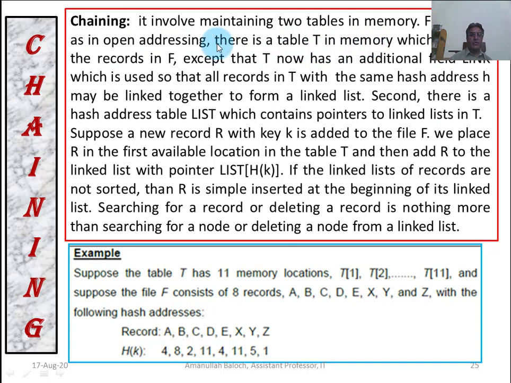There was a table T in open addressing, and there is also a table T in the chaining method, which contains the records in file F, except that F now has an additional field link. There is another table with the name link, which is used so that all records in T with the same hash address H may be linked together to form a linked list.